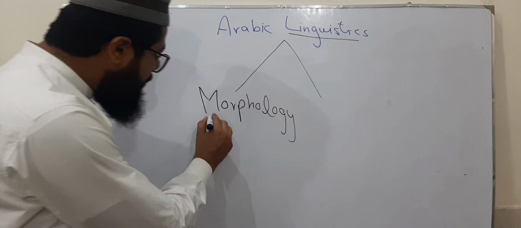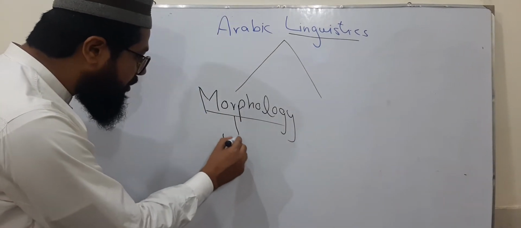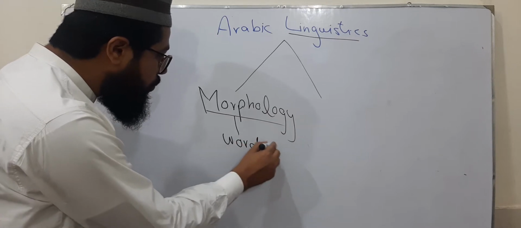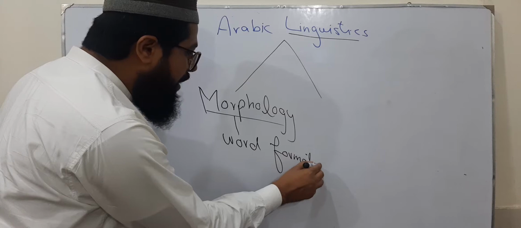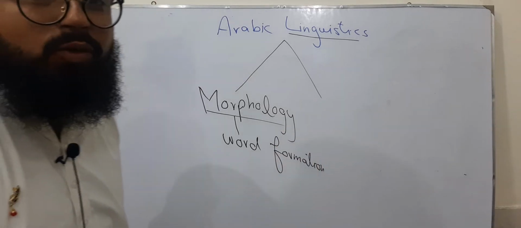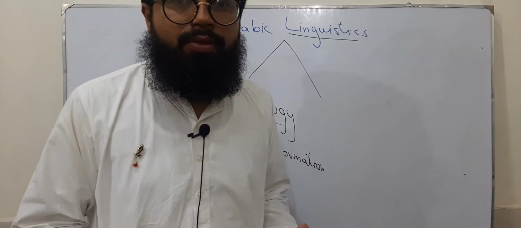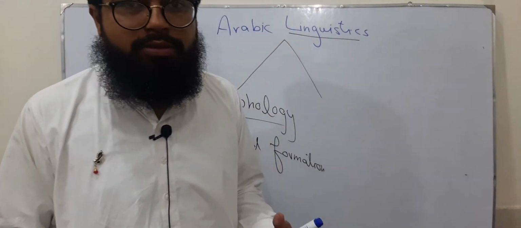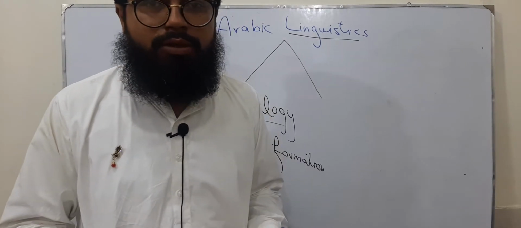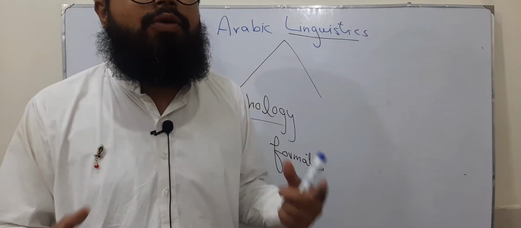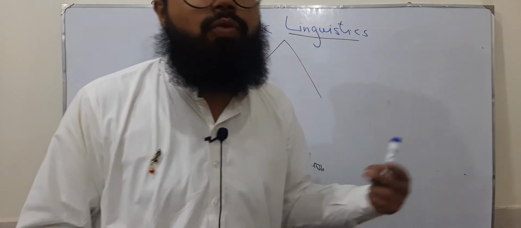So what is meant by morphology? Morphology is word formation, how to make words. Obviously, the very first step which is necessary to understand is how to make words, because you have to speak words, you have to learn words, you have to make words. When you are able to make words, then the other thing is the arrangement of words.